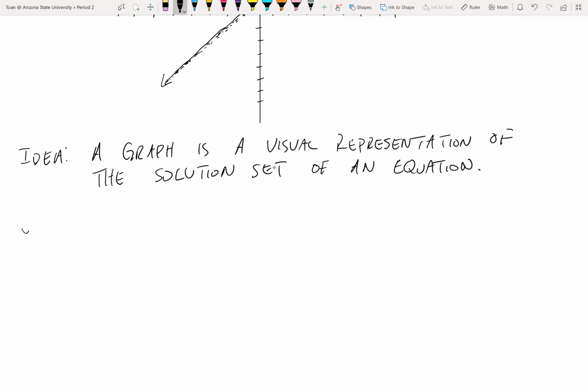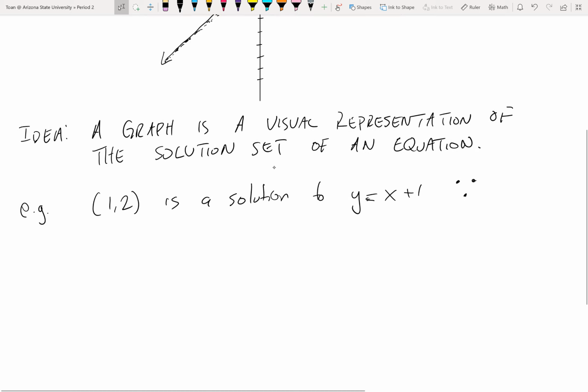So, for example, (1, 2) is a solution to y equals x plus 1 because, in math, three dots, upside down pyramid, is because. What would happen if I plug in those points? So remember, x is your 1, y is your 2. So we get 2 equals 1 plus 1. We get 2 equals 2, which is a true statement. So that's how you know it is a solution. When you plug it back in, it works.